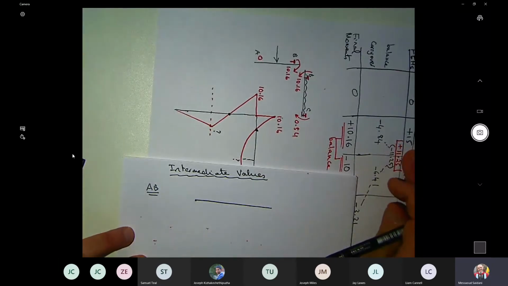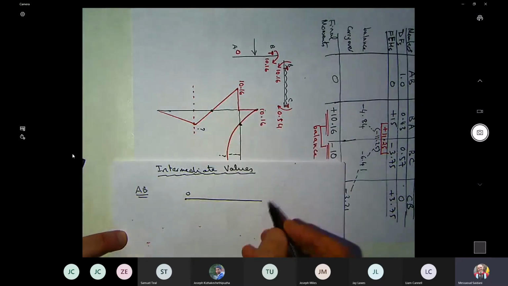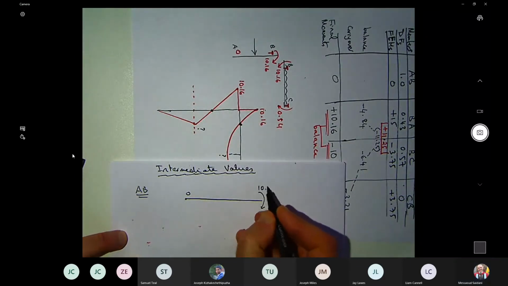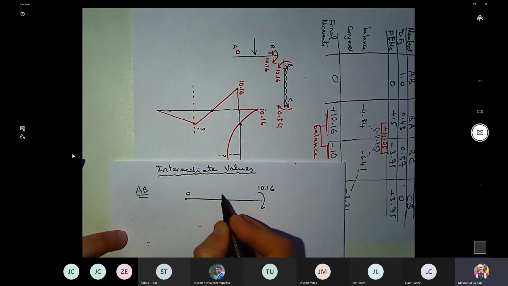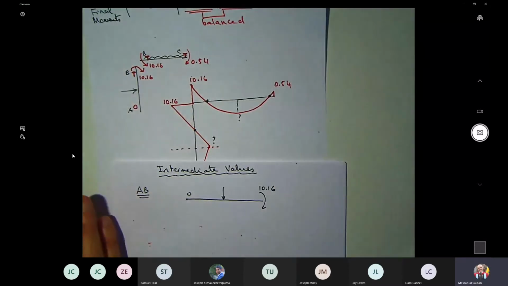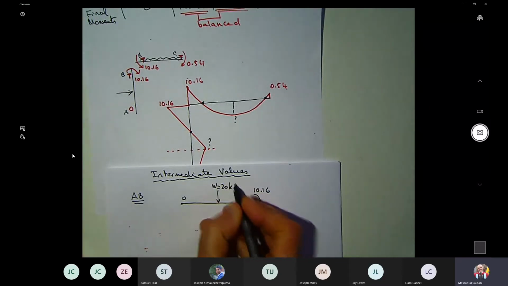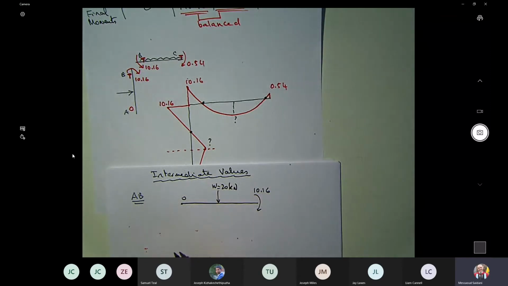We have got 0 there. We've got 10.16. And we have got that point load in the middle, which is, what was it? 20, isn't it? Yeah, so we have 20 kilonewtons there, and the span is 2 and 2 meters.